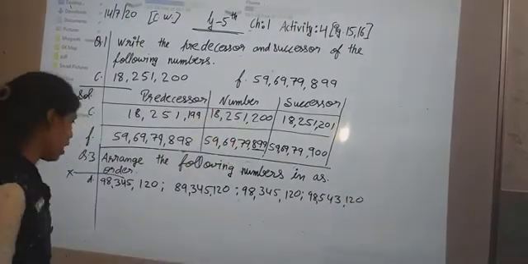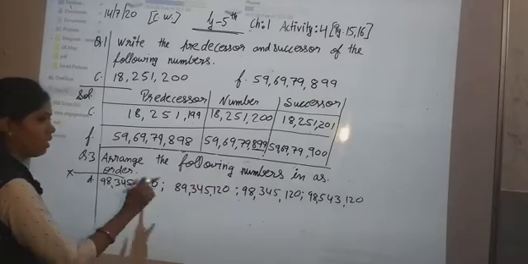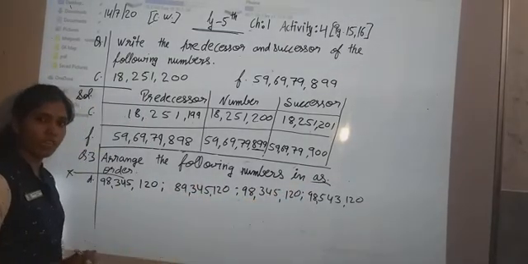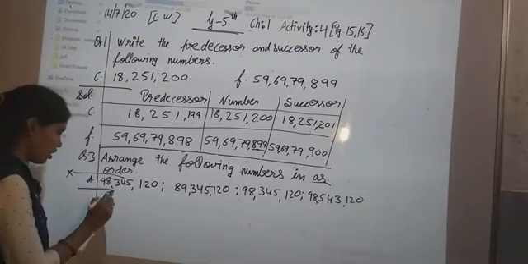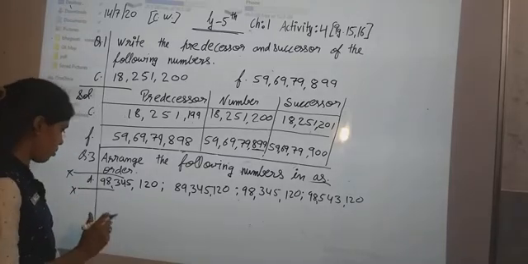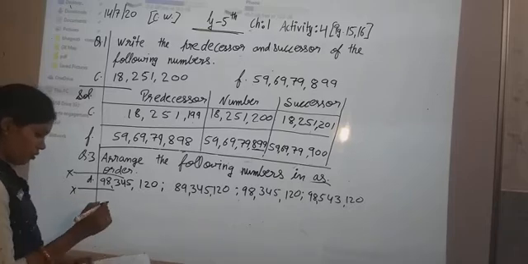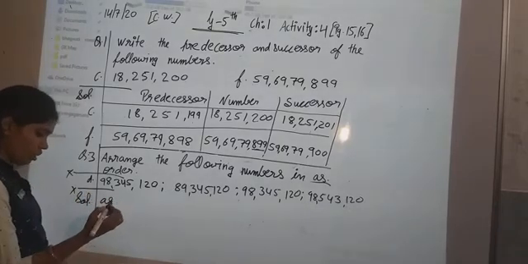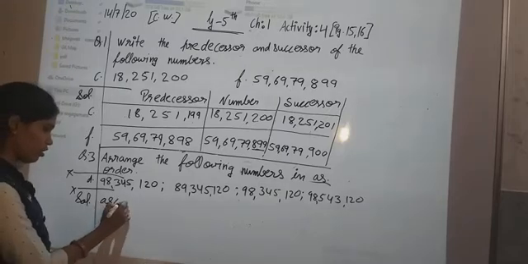Okay, so let's start in ascending order. Ascending order means we always start from the smallest number. So the solution is, we are going to solve in ascending order.